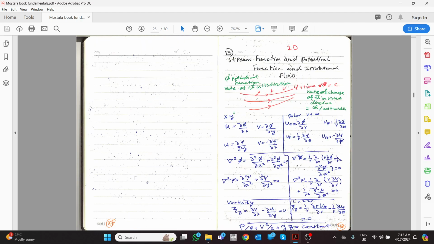Then we discussed the potential flow, which describes the flow itself without taking into account the boundary layer or the effect of viscosity. We neglect the boundary layer since it is very small compared with the entire flow.